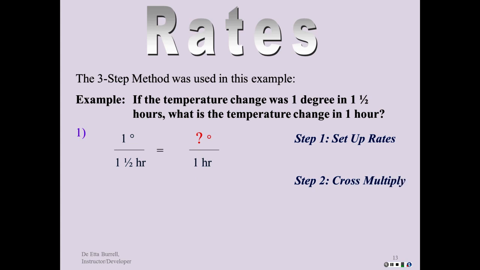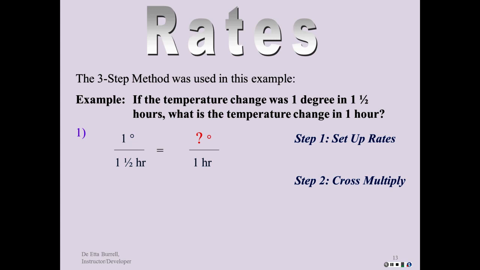You have to put the same unit on the same row when you're setting it up. Same unit, same row, okay? I'm setting these equivalent to one another because my answer needs to be equivalent.